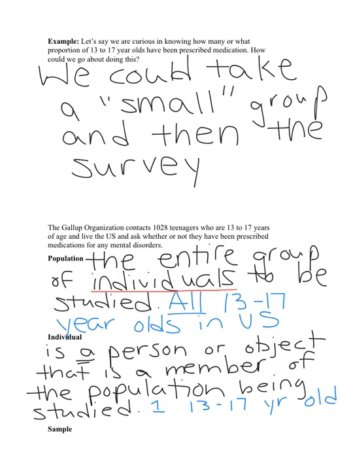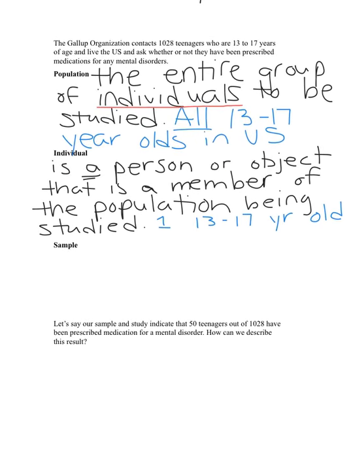Okay, so we're defining all of these lovely things. We looked at the population, we looked at individuals, and now we're going to talk about this 1,028 teenagers, and that's a sample. That's a sample from our population. So a sample, it's a small group of the population, or we could say it's a subset of the population being studied.